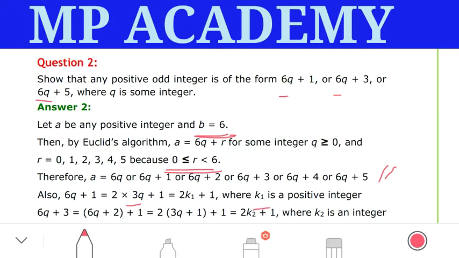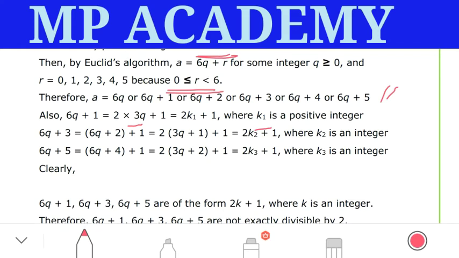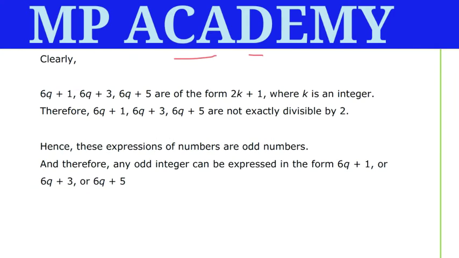Now 6q plus 1 can be written as 2 into 3q plus 1. Now if we put 3q equal to k, then it is equal to 2k plus 1. 6q plus 5 is again in the form 2k plus 1. If we put 3q plus 1 equal to k2 and 3q plus 2 equal to k3, then each number is of the form 2k plus 1.